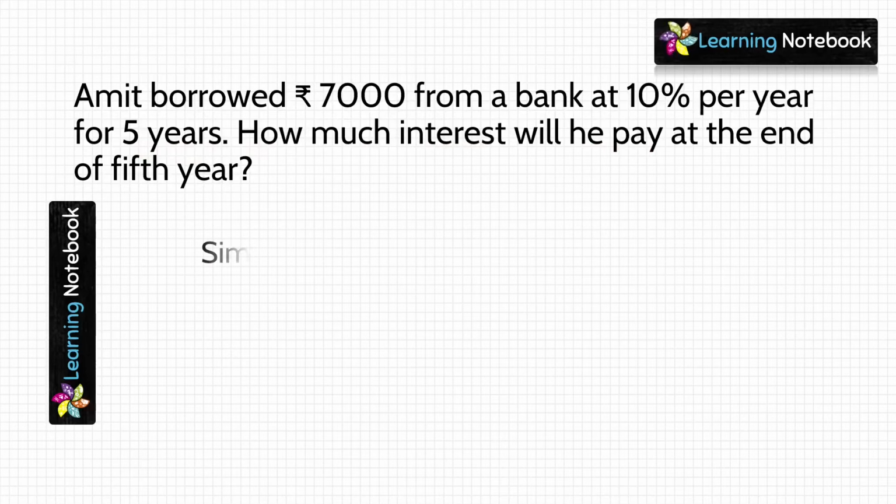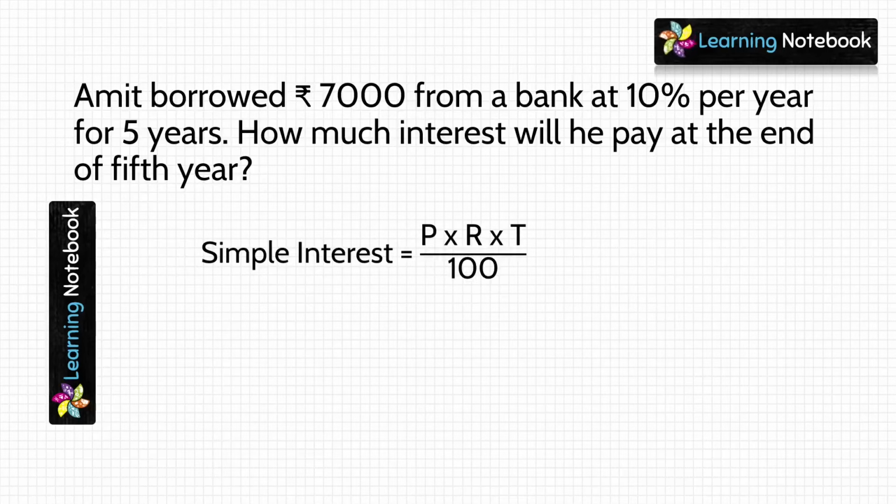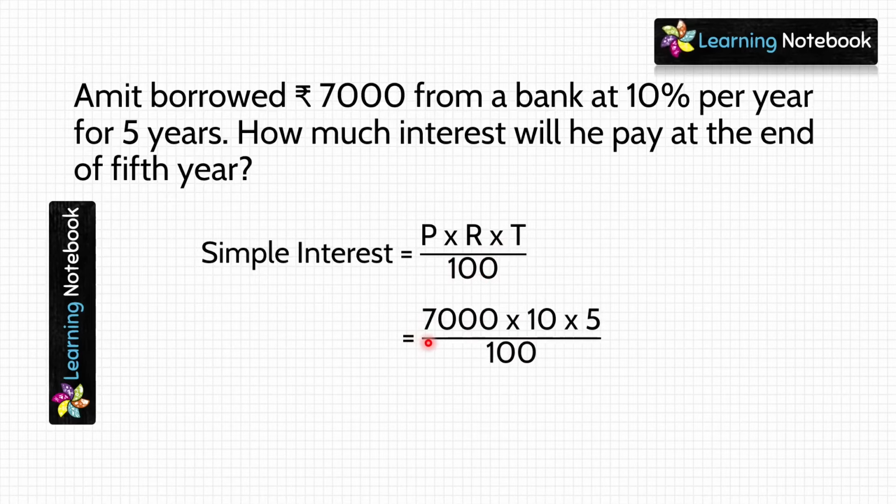So let's calculate the interest, which is equal to P into R into T divided by 100. Let's put the values here. We get 7,000 into 10 into 5 divided by 100.